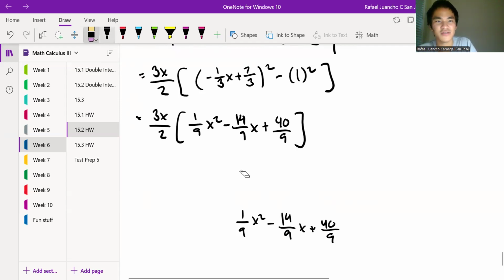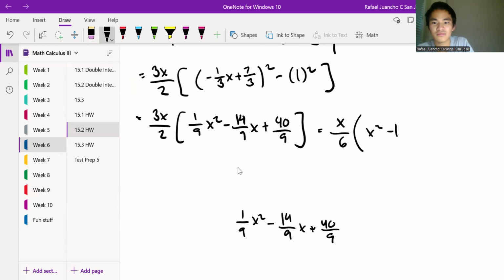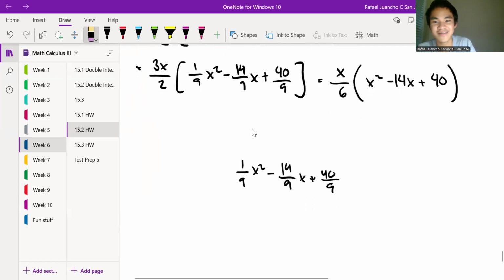I could factor out the 9, so I get something like 1/3-ish. I get 3, x over 6. I get this, which is a nice looking number. And then I can just plop everything back in there. Yeah, let me just do that.